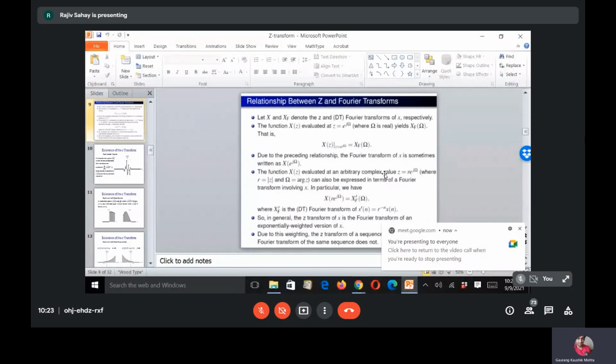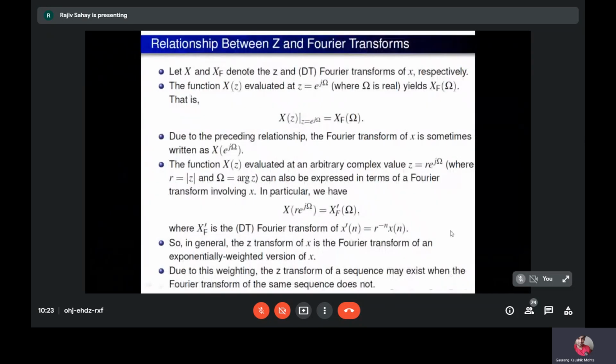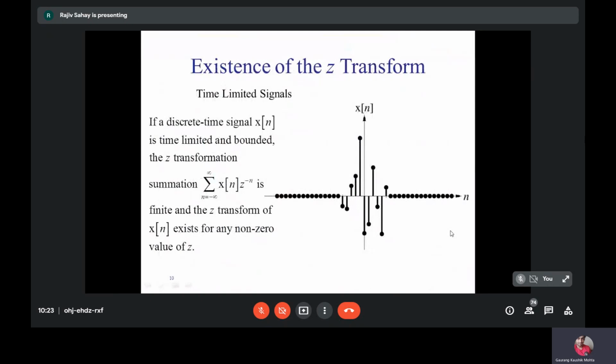So the Z transform consists of three different parts, I would say. Initially we would cover bilateral Z transforms, and then we will think of the inverse Z transform, how to take the inverse Z transform without using the contour integral. That is how to use partial fraction expansion for Z transforms.